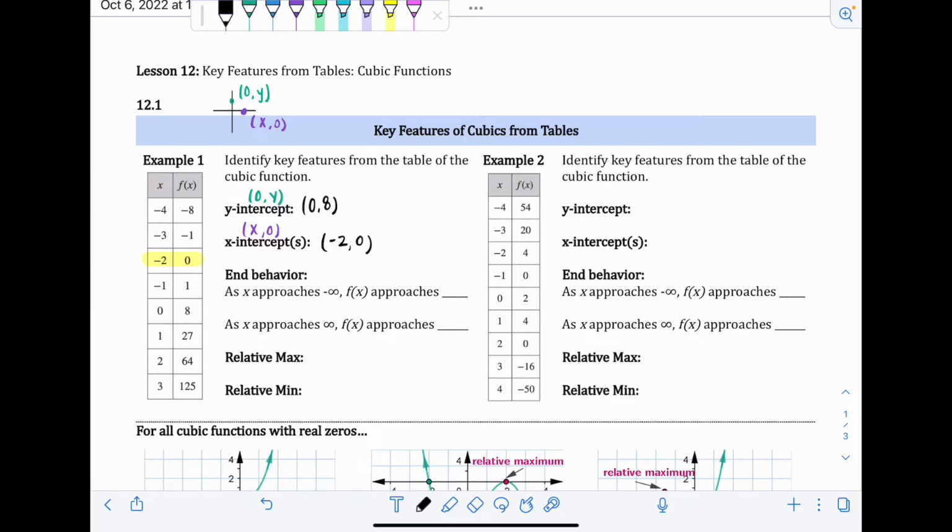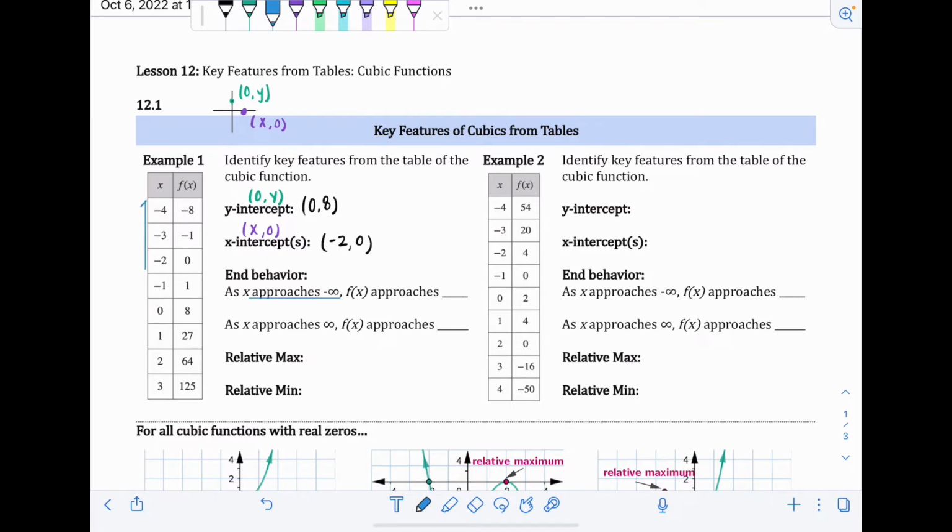And then we can move down to end behavior. For end behavior, looking at a graph, we ask whether the graph is finishing up or down. We have to approach it a little differently on a table. So right here, it's as x approaches -infinity. That's as the x values are getting smaller. I'm going to write the end behavior around the table. If I look at the table, the x values are getting smaller as the table goes up.